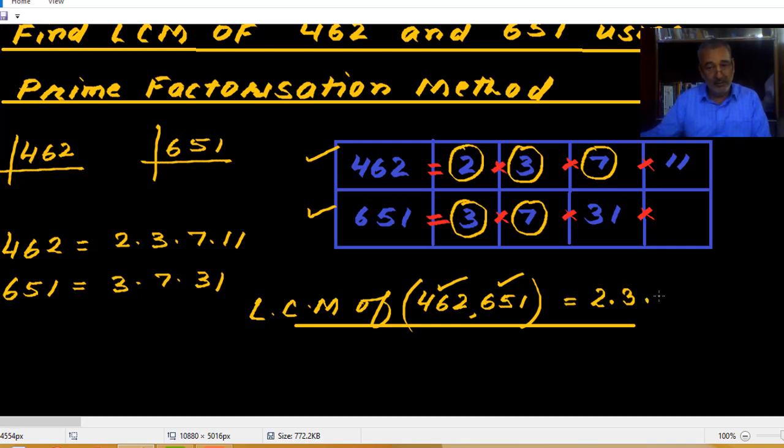So I am writing 7. Should I take 11? Yes. Should I take this 31? Yes. You have to take all these factors. Only you can leave this 3 for this and 7 for this 7.